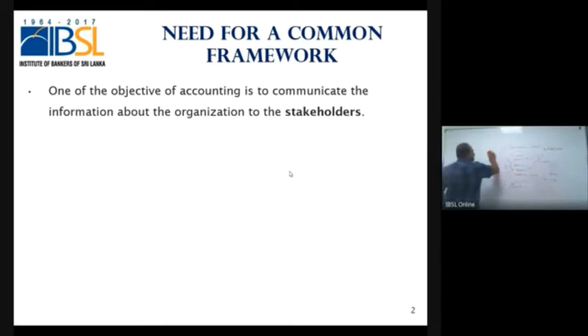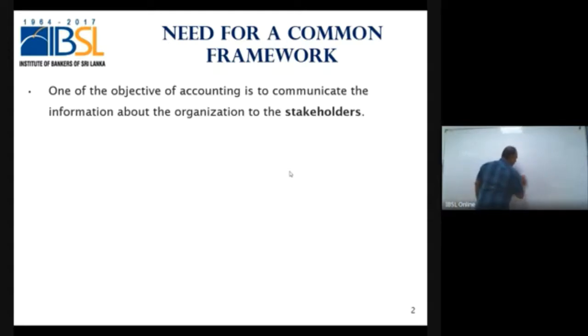Because banks are running because of the customer deposits, right? Mostly banks have to be run using the customer's deposits because that is their banking business, accepting deposits. That is the fundamental, right? So one of the stakeholders will be your depositors.